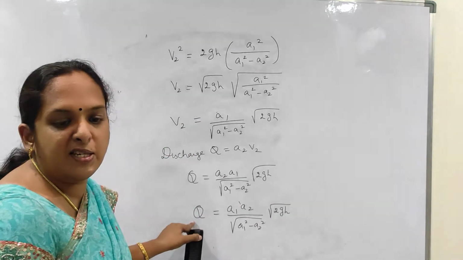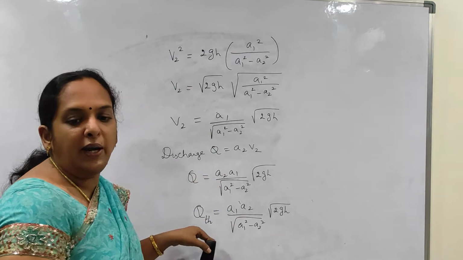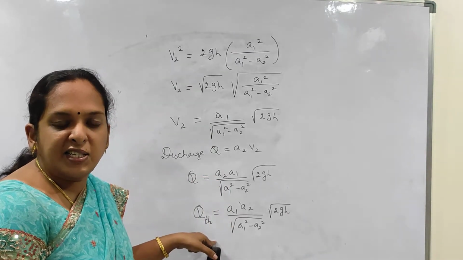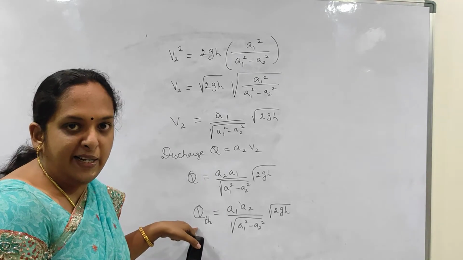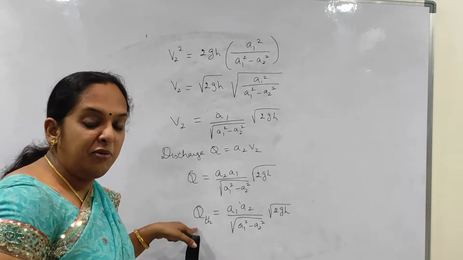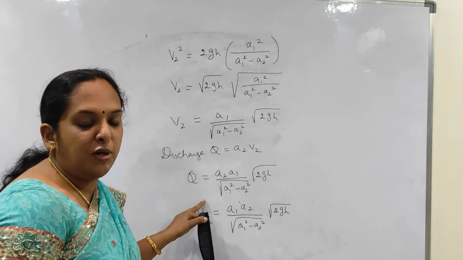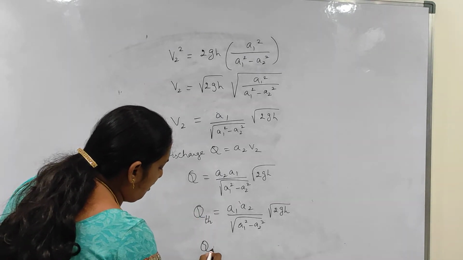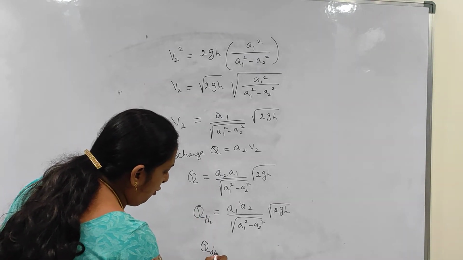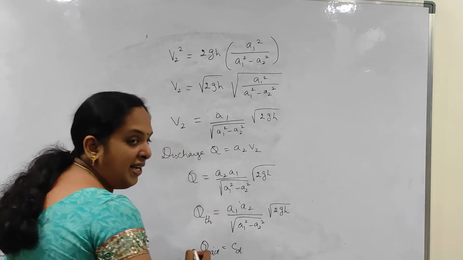This discharge is said to be the theoretical discharge, the discharge under ideal conditions, and therefore it is called theoretical discharge. But when we want to measure the actual discharge in the pipe, we have to multiply this theoretical discharge by a coefficient, the coefficient of discharge. So Q actual is the same thing multiplied by CD.